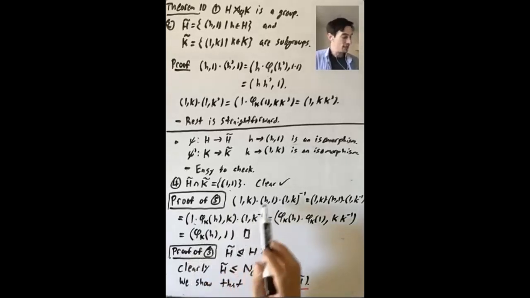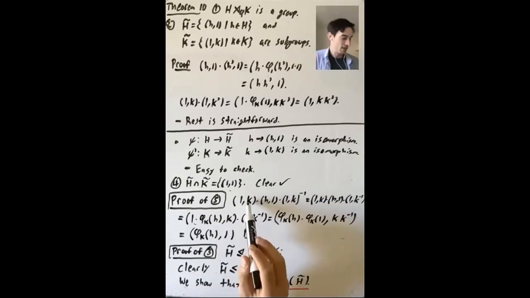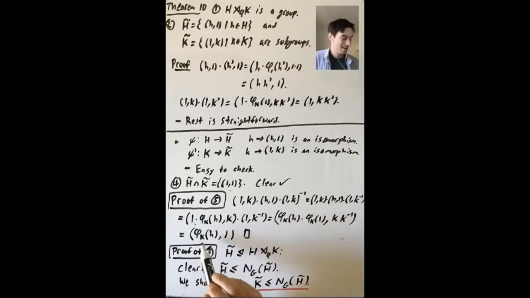Okay, so we've seen how conjugating an element of H tilde by an element of K tilde leads naturally to this phi_k of h. The last thing that we have to prove from this big statement is that H tilde is a normal subgroup of the semidirect product. We'll show that it's normal by showing that its normalizer is the entire semidirect product.